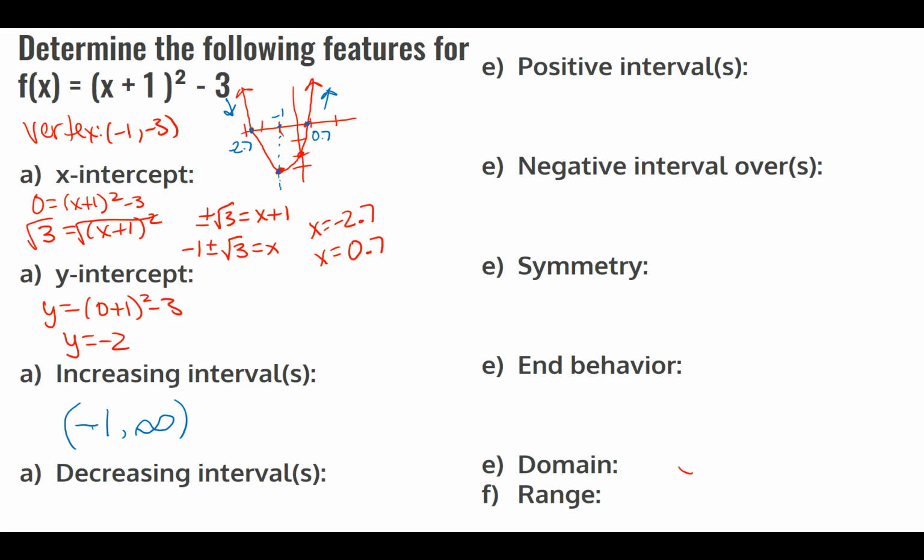Okay? Decreasing, where would I be falling down? The first half, right? So what is the lowest x value? But it's even happening before that, isn't it? Yeah, so we're starting all the way at negative infinity. And then as we walk across and we fall down, where will I stop falling? At negative 1, which is my vertex. Good.